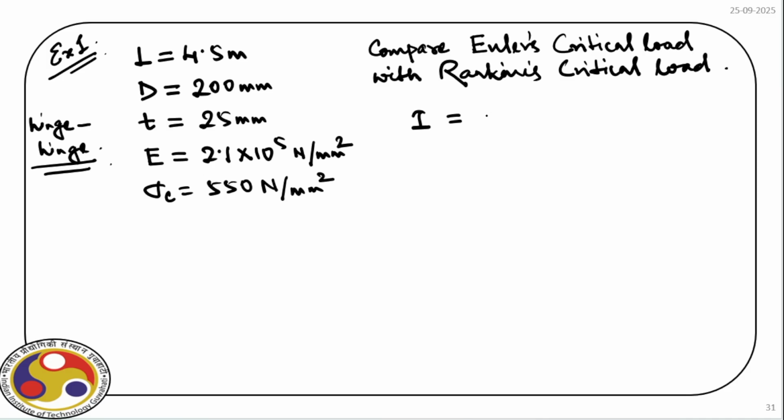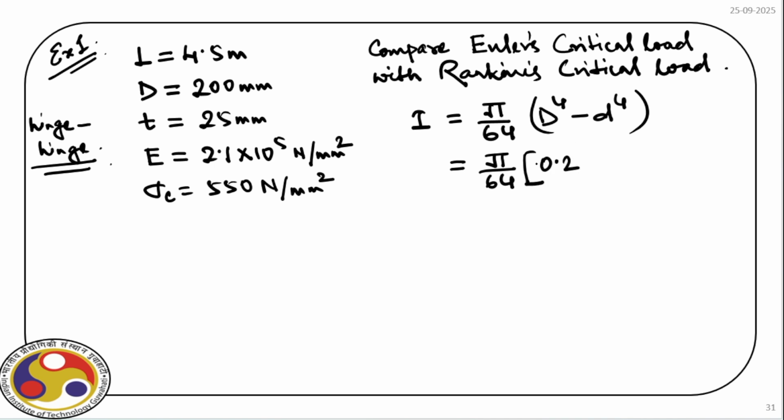So moment of inertia for this hollow circular cross section is pi by 64 times D to the power 4 minus small d to the power 4. So effectively we have pi by 64, capital D is 200 millimeter, so 0.2 to the power 4 minus small d is 200 minus 2 into 25, so this is 150 millimeter.